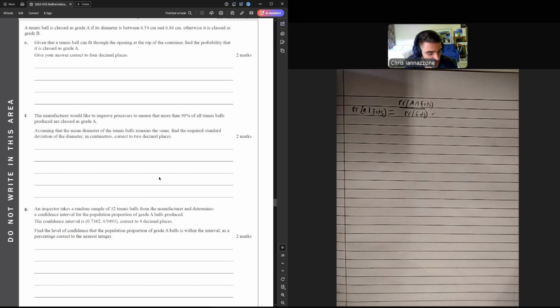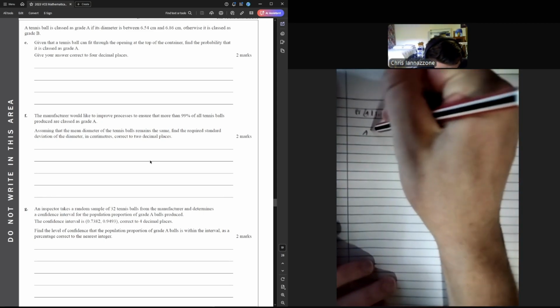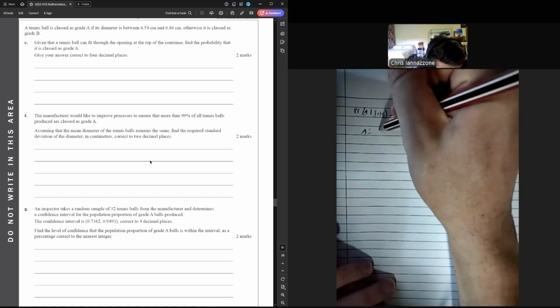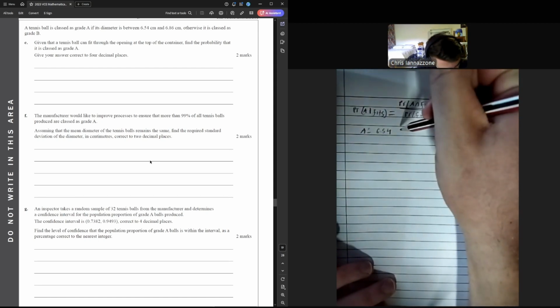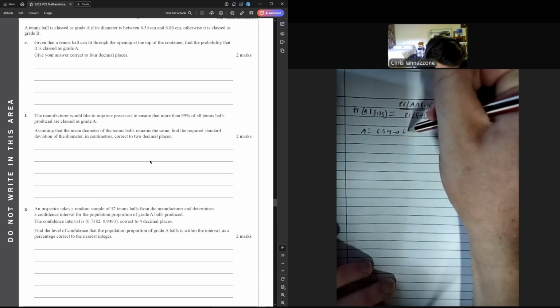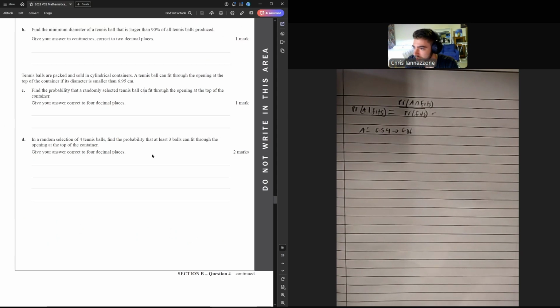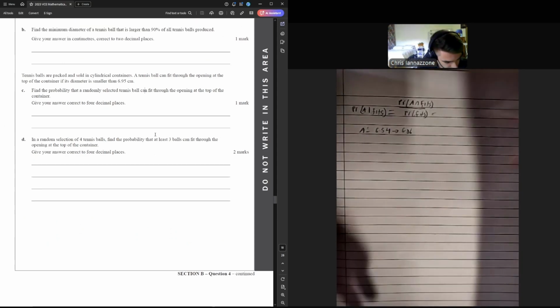What is the probability of being grade A and also fitting at the same time? So for grade A, we need to be between 6.54 to 6.86. To fit, we need to make sure that we are smaller than 6.95.